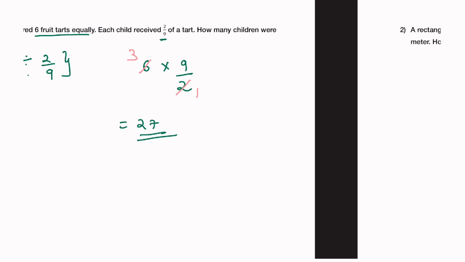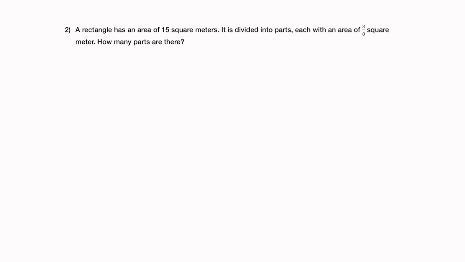Ready for the next? A rectangle has an area of 15 square meters. So area is given to us, right? Which is 15 square meters. So we say area equals 15 square meters. It is divided into parts. So that is divided. It clearly says, right?